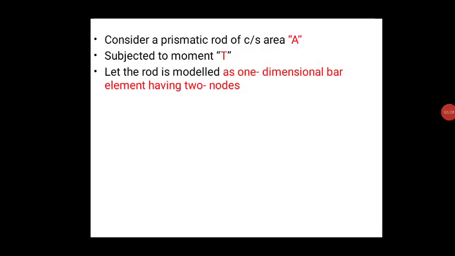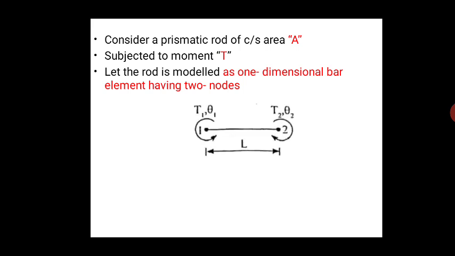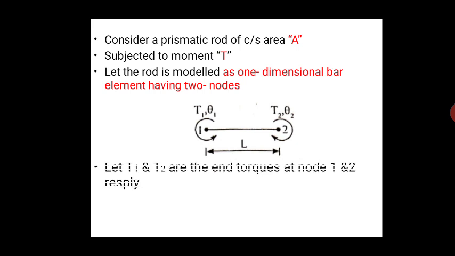The bar is considered as a one dimensional bar element having two nodes, node 1 and node 2. At node 1 we have the twisting moment T1, and because of this twisting moment we have the end twist theta 1, and the length of the element we will consider as L. Similarly at node 2 the end torque is T2 and the end twist is theta 2.